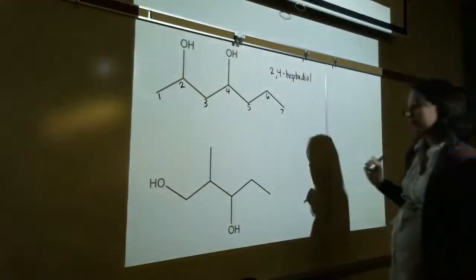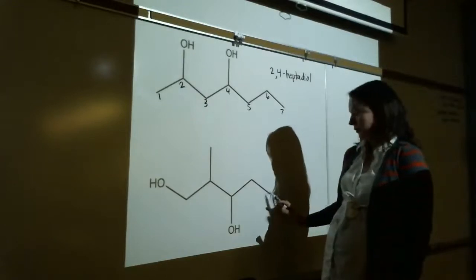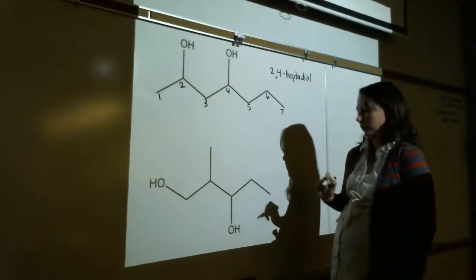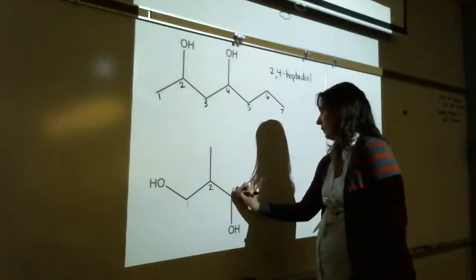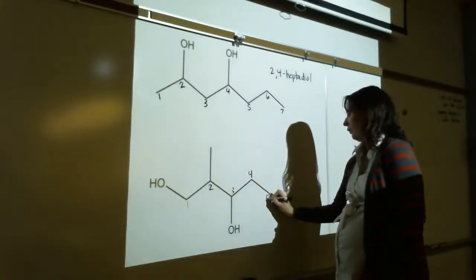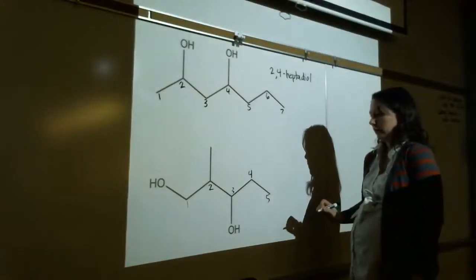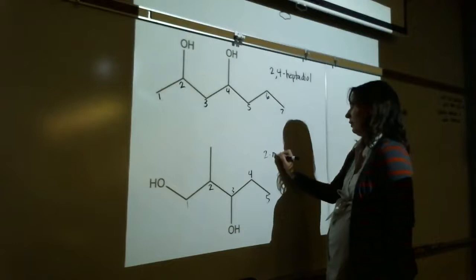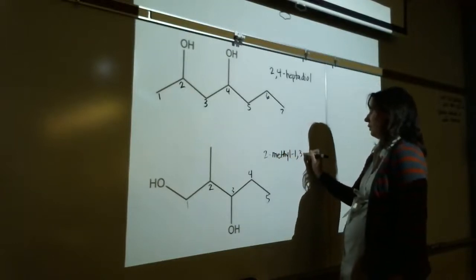Good. And then here, which way do we number? From the right or from the left? From the left. So 1, 2, 3, 4, 5. This would be 2-methyl-1,3-pentanediol.